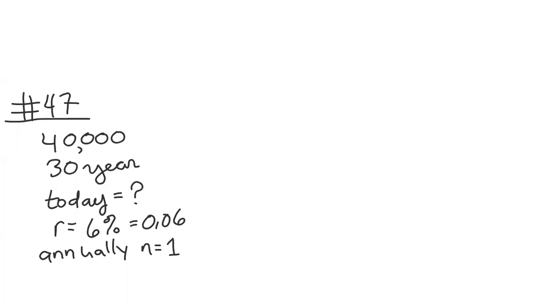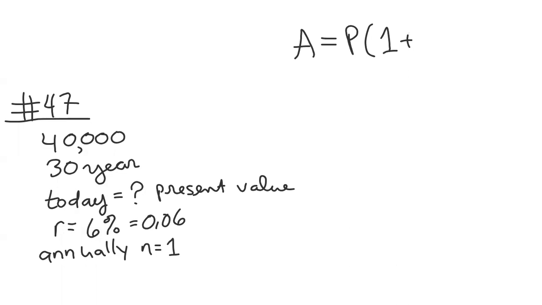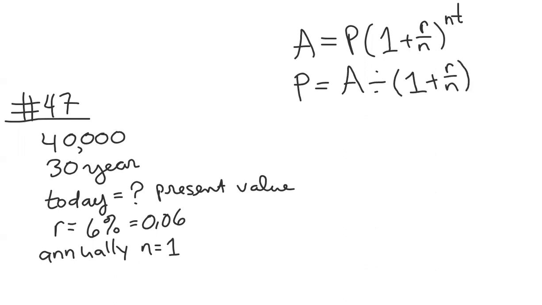So they're asking us for the present value, right? We have A equals P times the quantity 1 plus r over n to the nt exponent. And so to solve for P, we divide both sides by the 1 plus r over n to the nt, leaving us P equals this expression here.